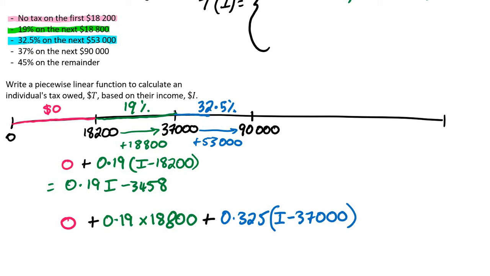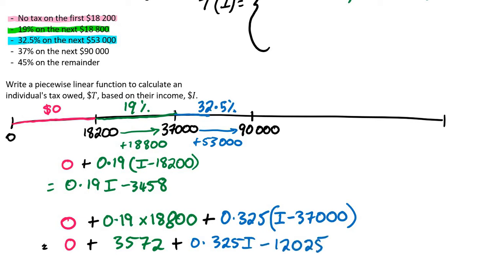If we tidy all of that up, then it's $0 on the first 18,200 plus 3,572. That's that whole green region on the diagram. Plus 0.325i minus 12,025.